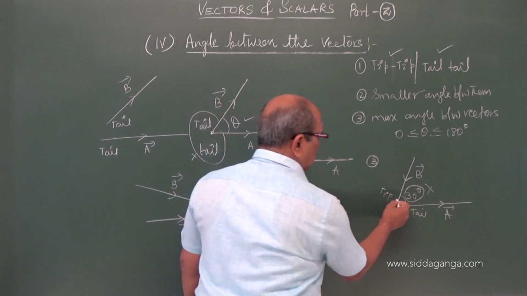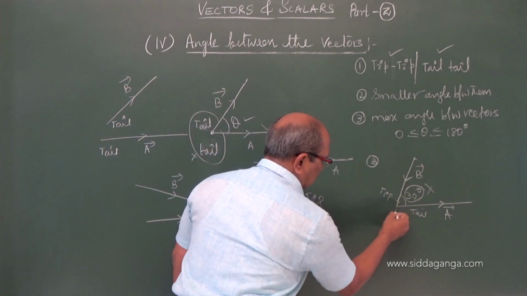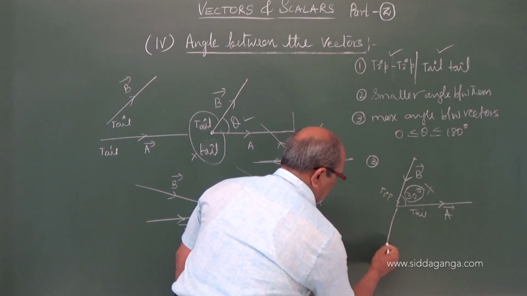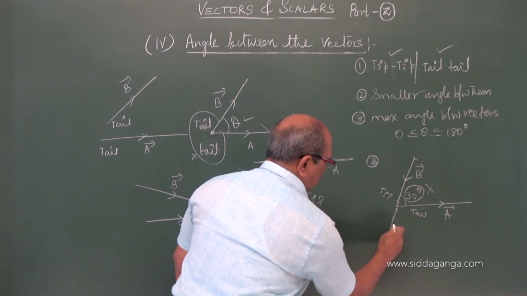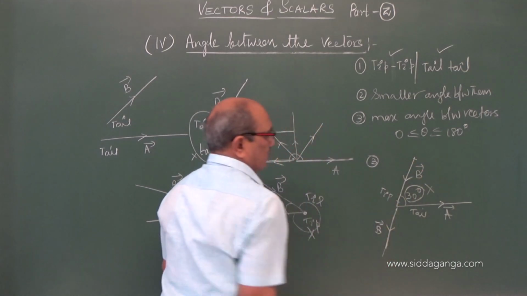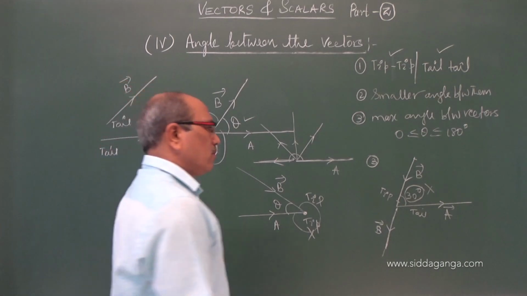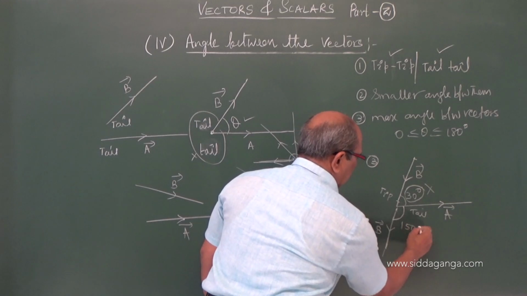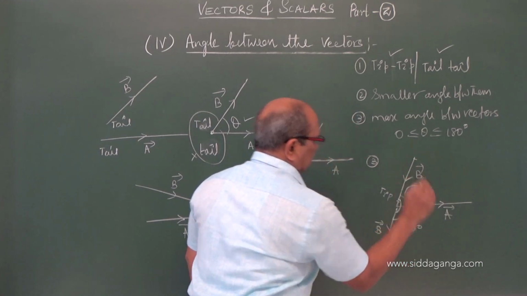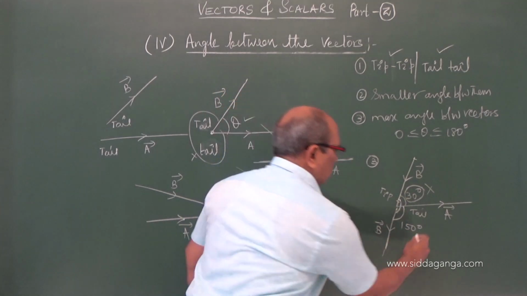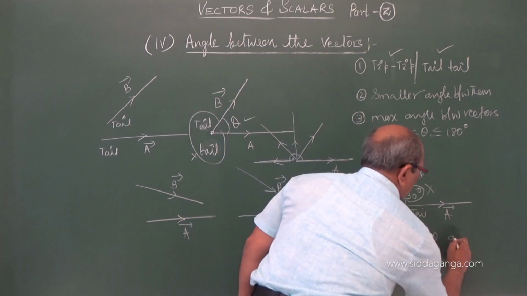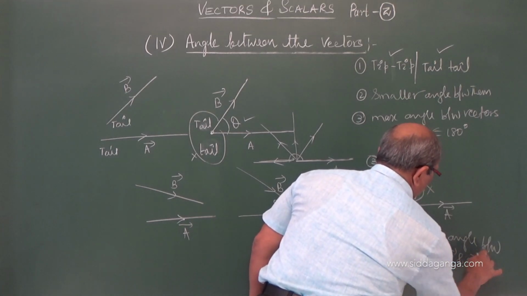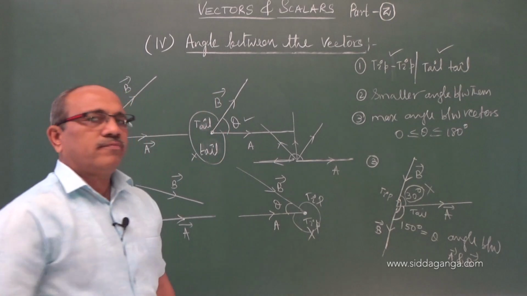What do you have to do? You have to slide this vector down in the same direction. So now you will have this vector, the same vector I brought down, and it is vector B. Now you think the angle is 150 degree, I write, because the total is 180. 180 minus 30, the actual angle between A and B is 150 degree.